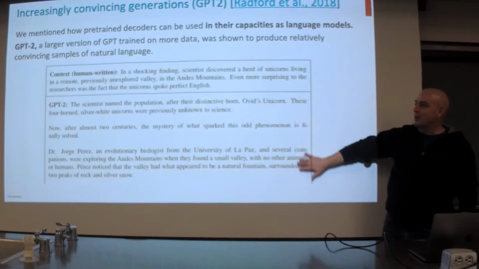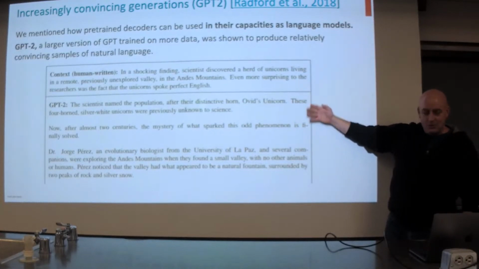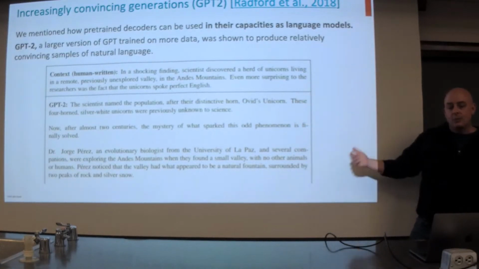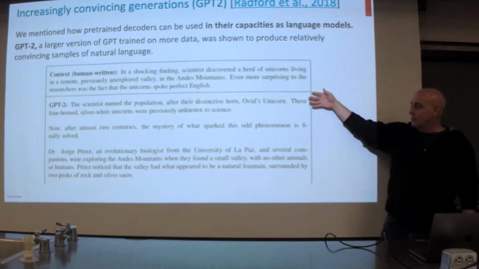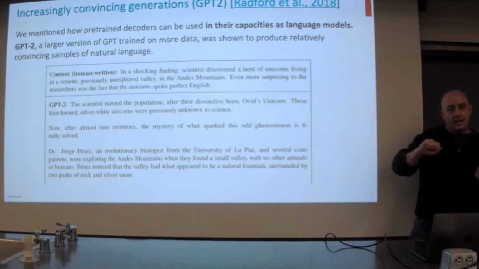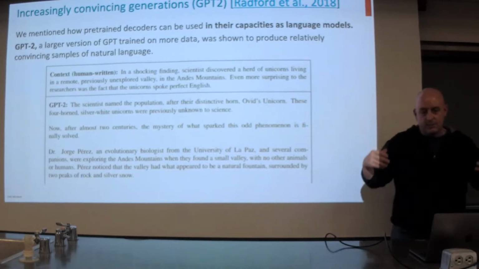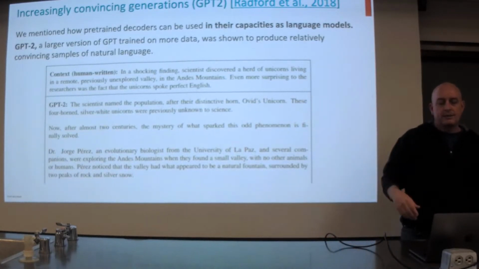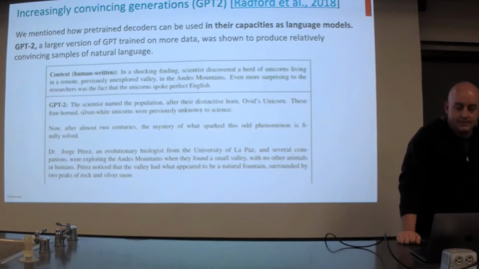So this thing isn't perfect in the sense that it didn't produce the kind of text we would have hoped, but it really is way better than anything that came before it. And again, the reasoning for this is these massive models trained on massive data to do this text generation task.